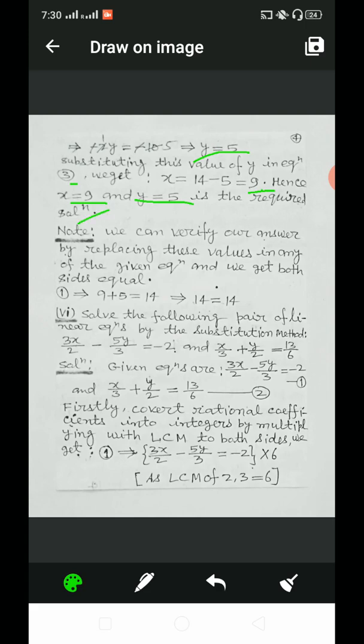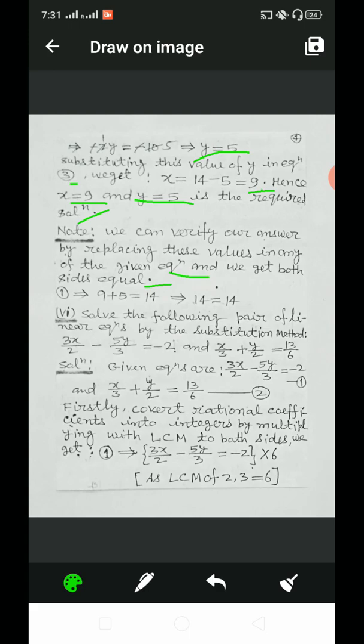Dear students, here note that we can verify our answer by replacing these values in any of the given equations, and we get both sides equal. Means we can verify the above equations.